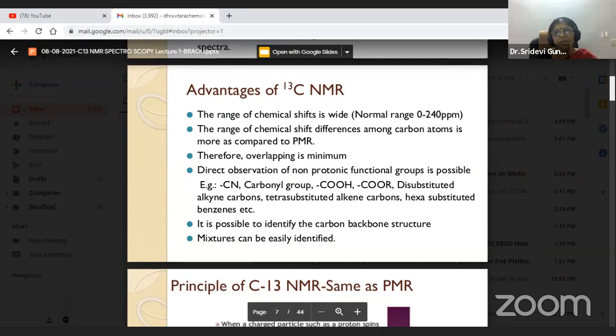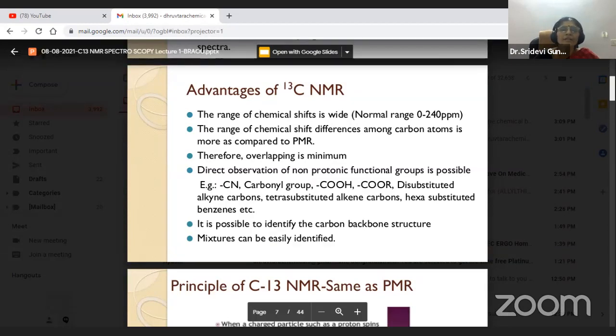Carbon signals have a wide range of chemical shifts. That is why each and every carbon will be observed separately, and you get different signals for different carbons present in the molecule. So the spectrum is simplified, and you will be able to know the structure of the molecule very easily.